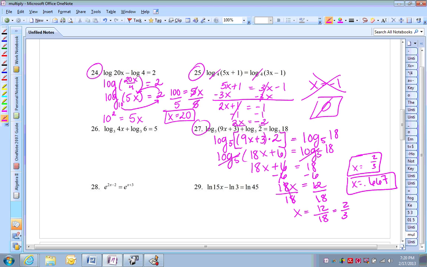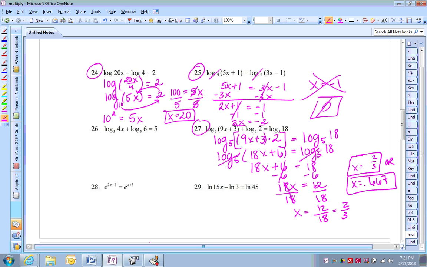So, once again, we had logs in our original problem, so let's go back and check our answers just to make sure it's valid. Remember, these are the same thing, 2/3 or 0.667. So I'm going to plug in 2/3 wherever I see x.